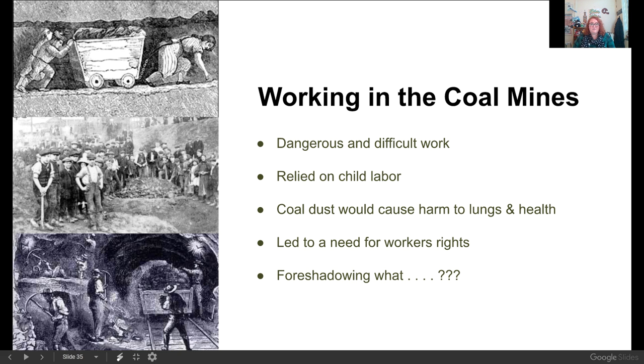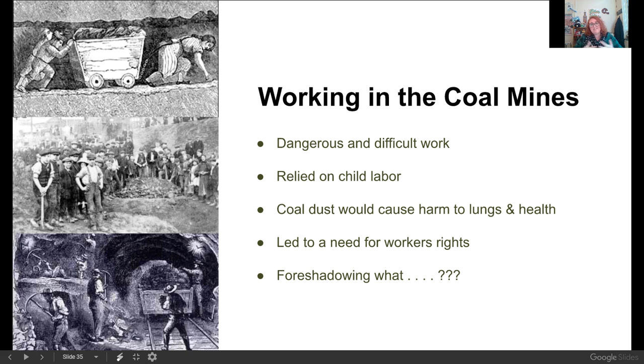One of the things that you should know is that working in coal mines is extremely dangerous and very difficult. Oftentimes, they were sending people into spaces as small as the wagon itself. So they relied heavily on child labor because children were small and could get in and out better than an adult male. They are literally digging either down or into rock, and if rock becomes unstable, it falls.